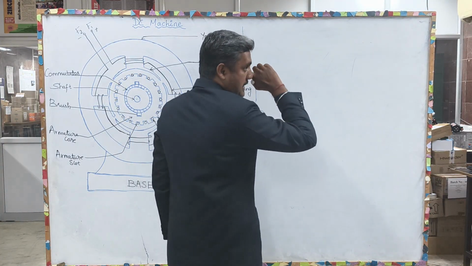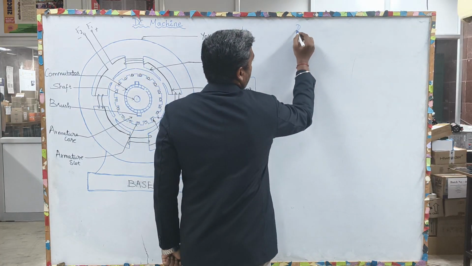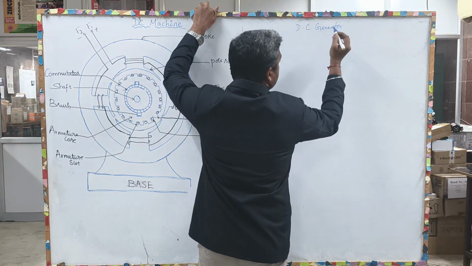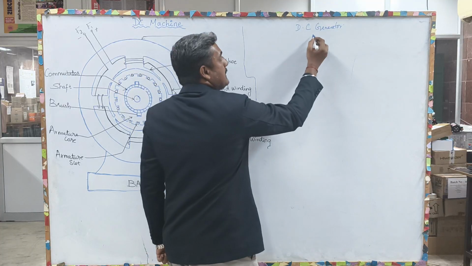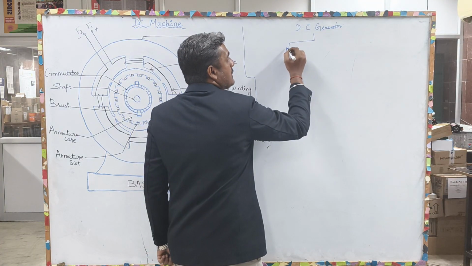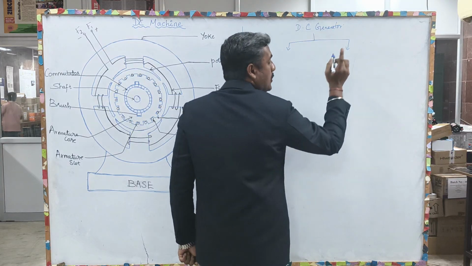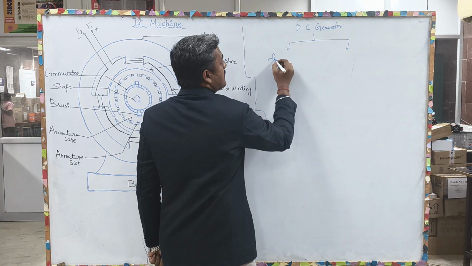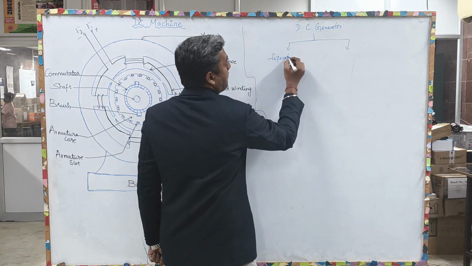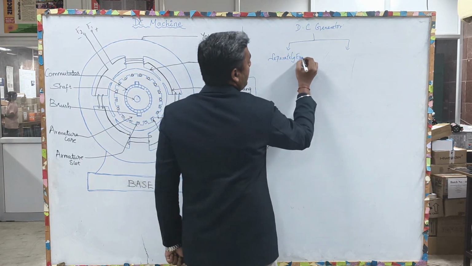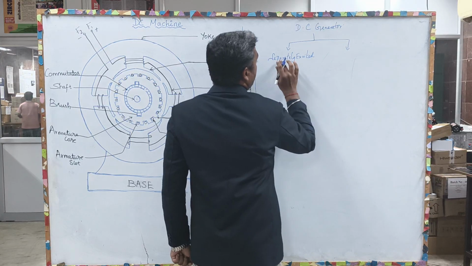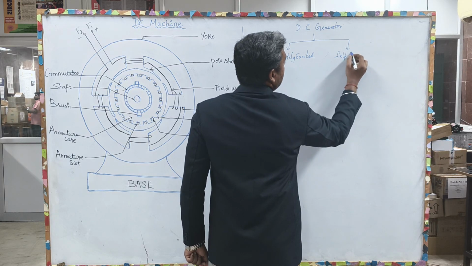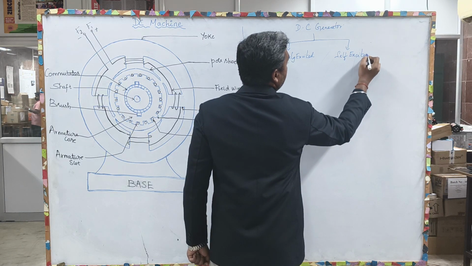First we will discuss the DC generator. The DC generator is classified into two categories based on the excitation, that is, separately excited and self excited.